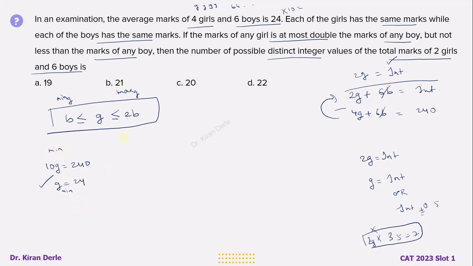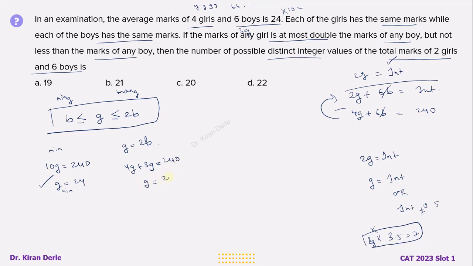Let's take the maximum value of G. Let's say G is equal to twice of B. So twice of B means these 6 boys will be equivalent to 3G. So 4G plus 3G will be 240, or 7G is 240.